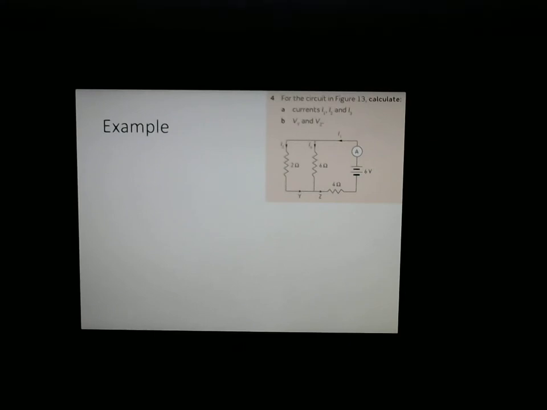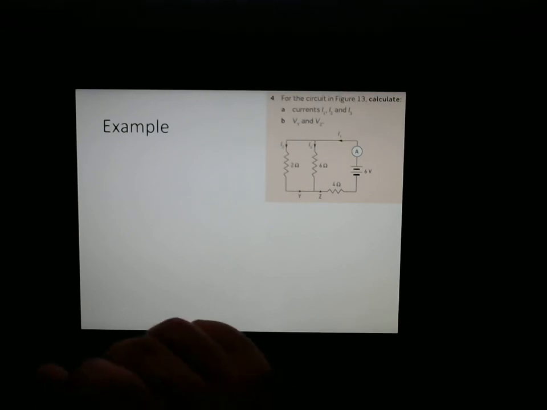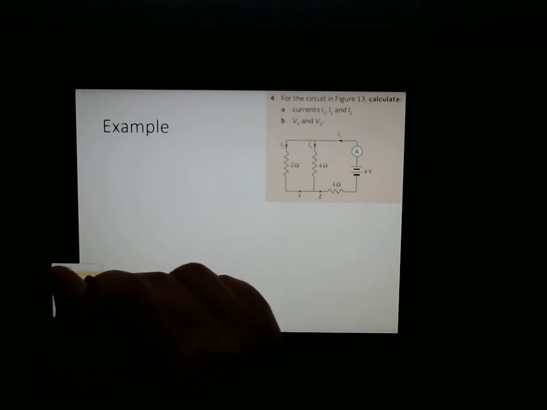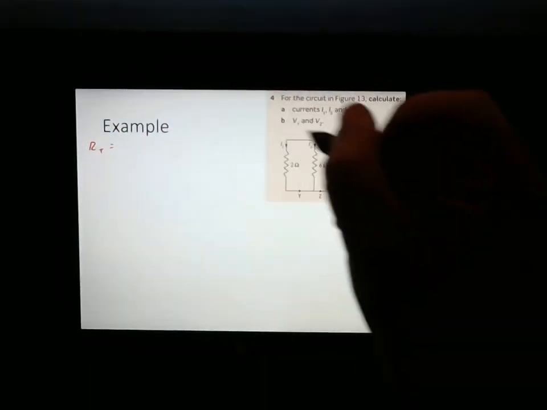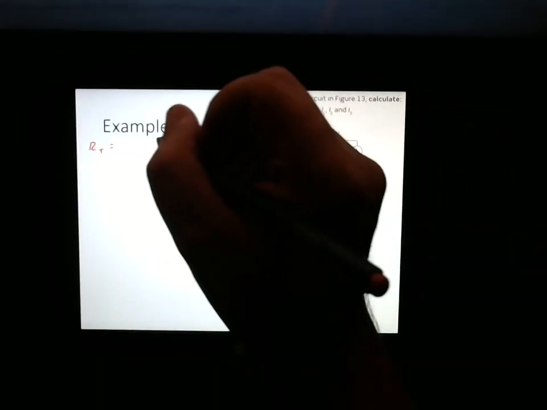It's basically the same as the one from, actually it's pretty much the same as the last question. So we're going to do the same things we did last time. I am going to work through the resistances a little bit quicker. So the total resistance is going to be a parallel bit.